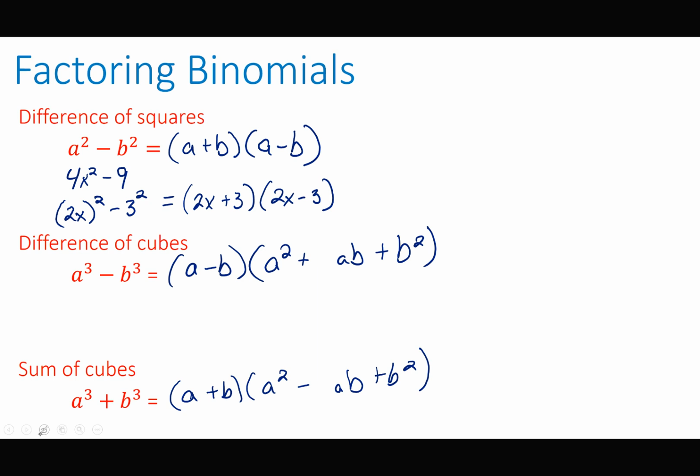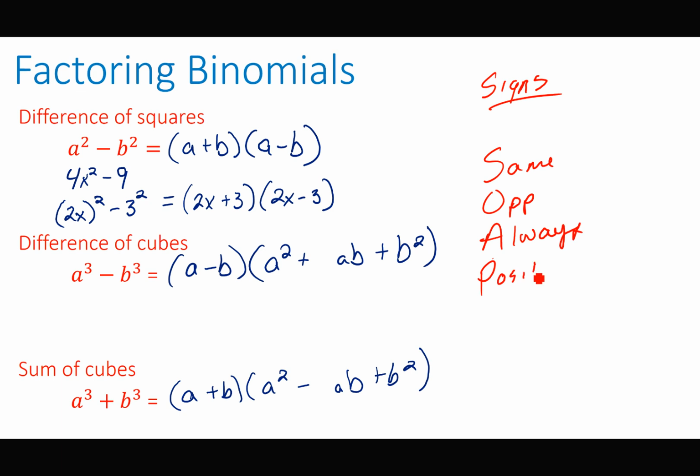An acronym to remember the signs on this, you could think of SOAP. And I'll write it out this way. So in terms of the signs, it's the same, the opposite, always positive. So if it's a negative, and so subtraction, this is what it means by the same.